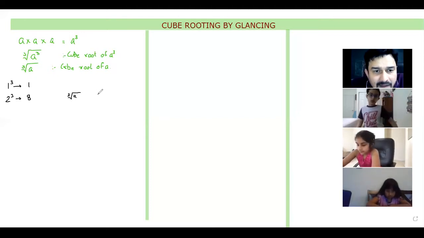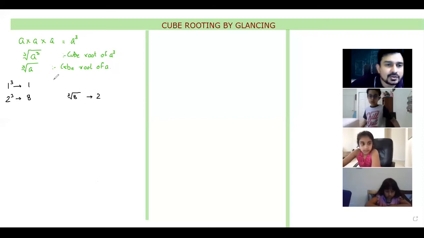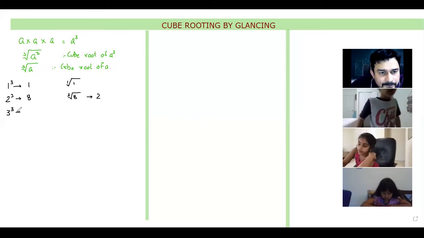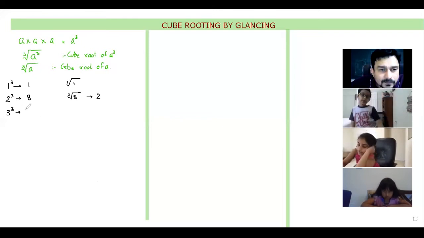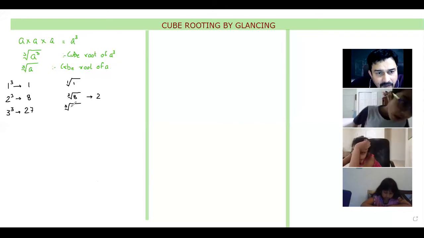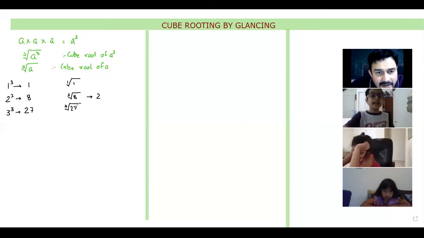The cube root of 1 is 1. Now 3 cube is 27. So the cube root of 27 is 3.